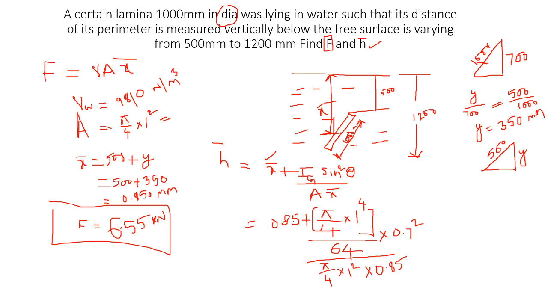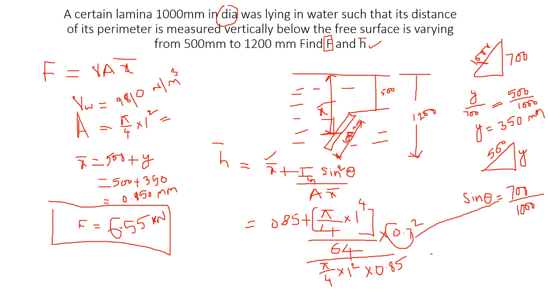0.85. Clear? Here, how did you get this 0.7? Sine theta is equal to opposite side by hypotenuse, 700 by 1000. You will get this 0.7.